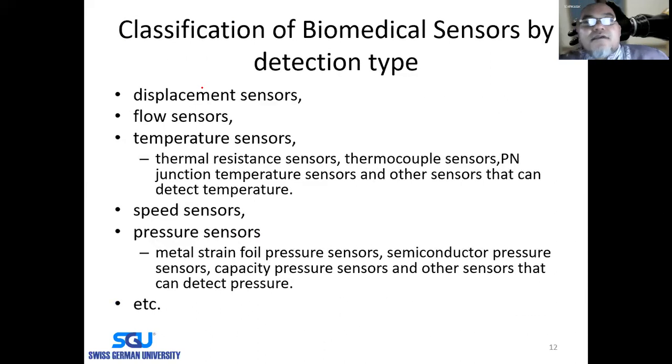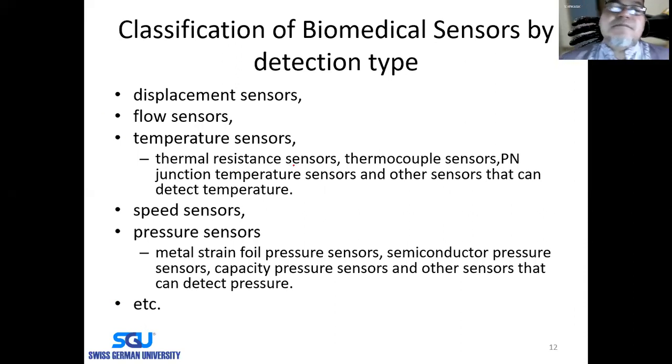Based on the detection type, it could be a displacement sensor, which measures displacement. Flow sensor measures the flow of certain material within the body, blood flow, gas flow.